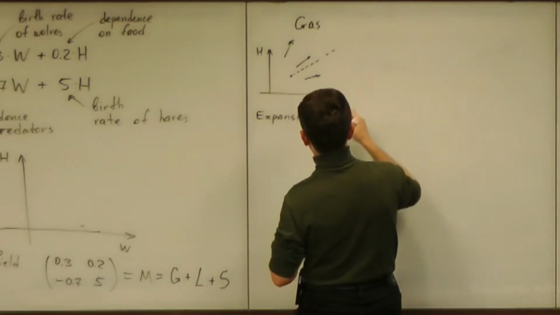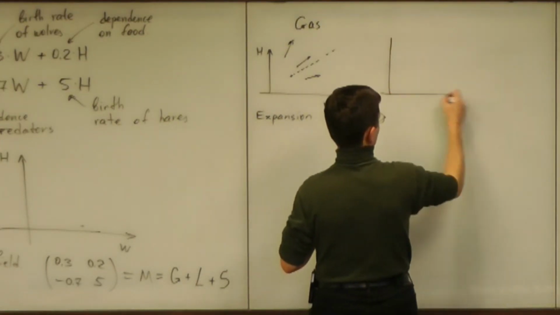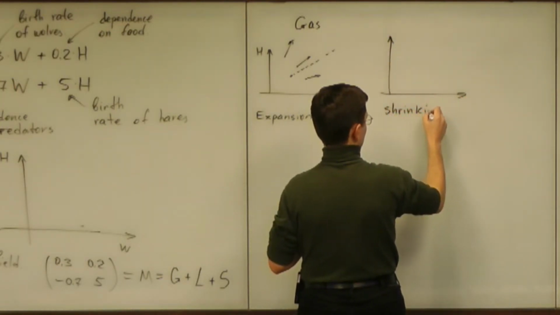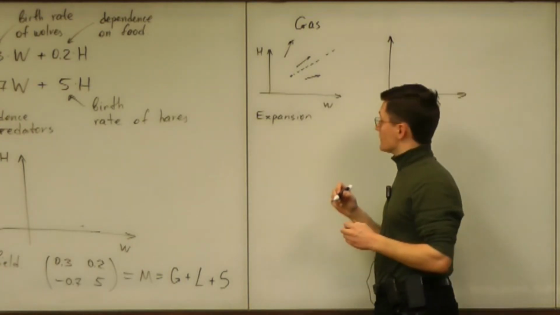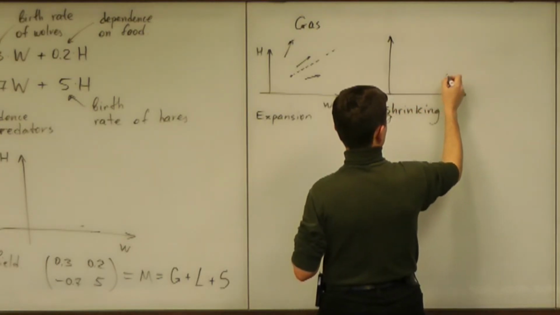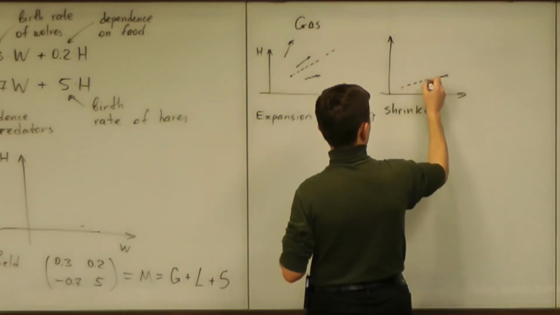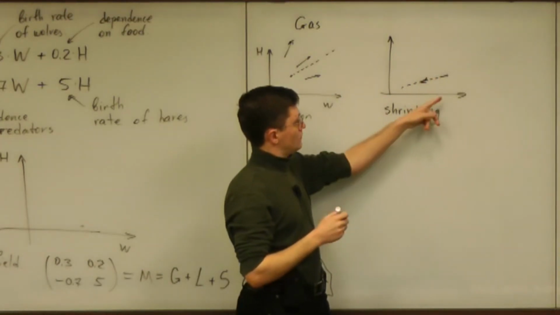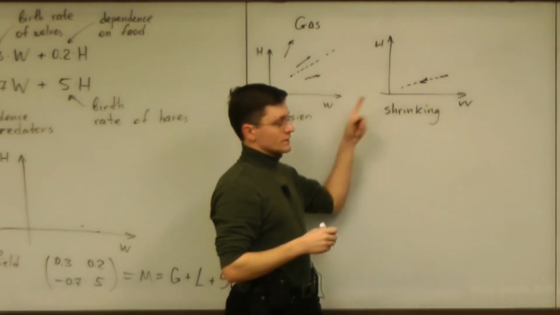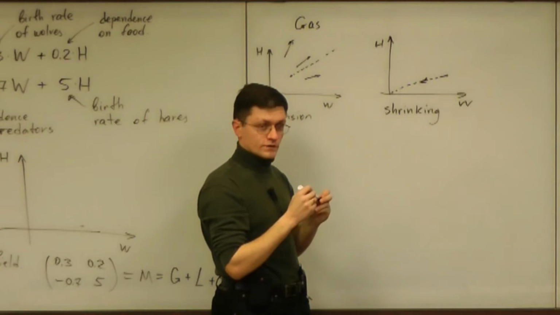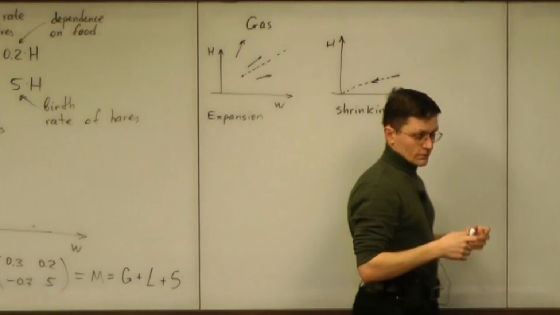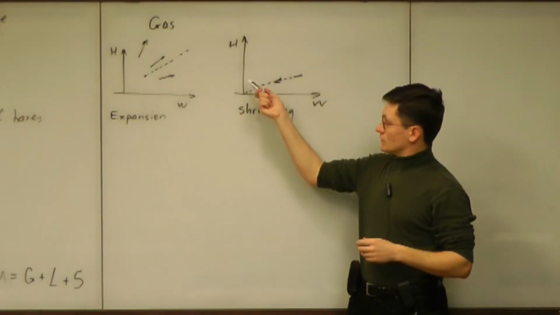Now, if instead of expansion we have shrinking, that means no matter what the current situation is, in the future both populations will decrease, and they will decrease to 0. So in this scenario, in case of shrinking gas-like, well, we definitely have to do something if we don't want those species to die out.